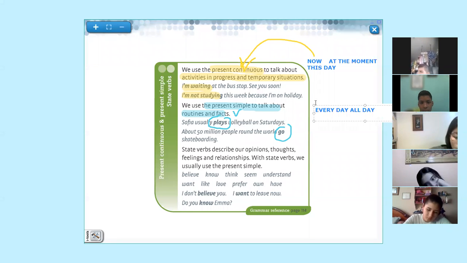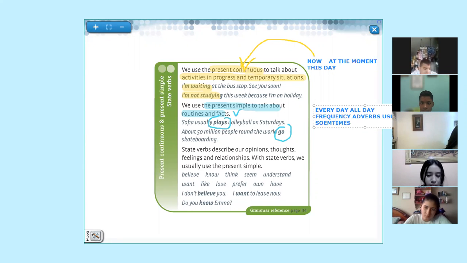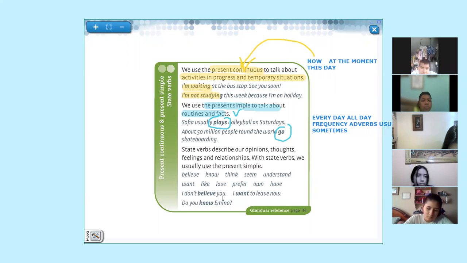Remember that you can use the frequency adverbs, for example, usually, sometimes, never, ever. You remember that in unit number 1, we were talking about them. Those are expressions that you frequently use when you are talking about the simple present tense.